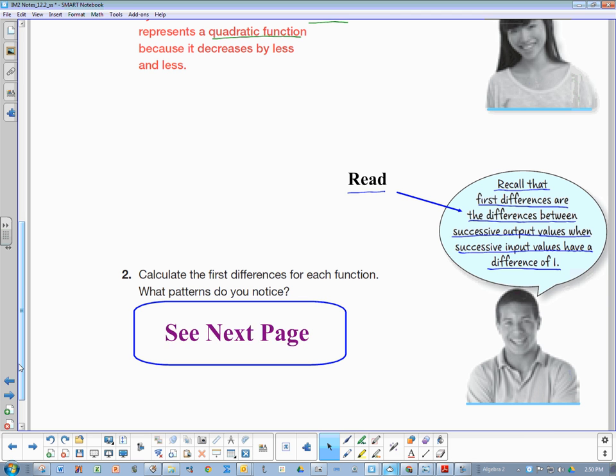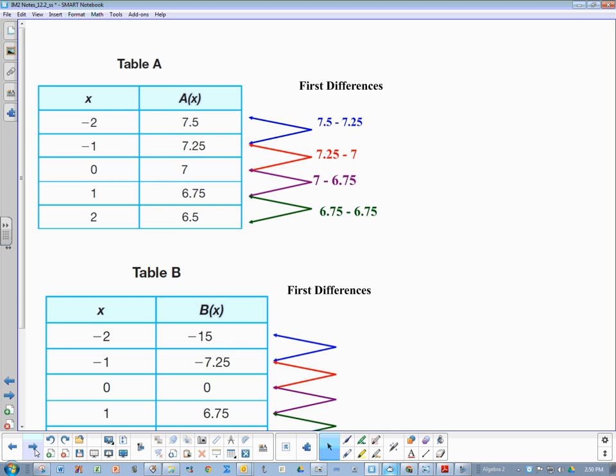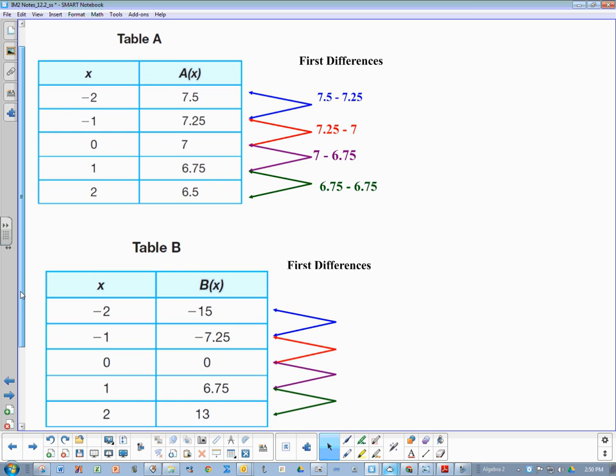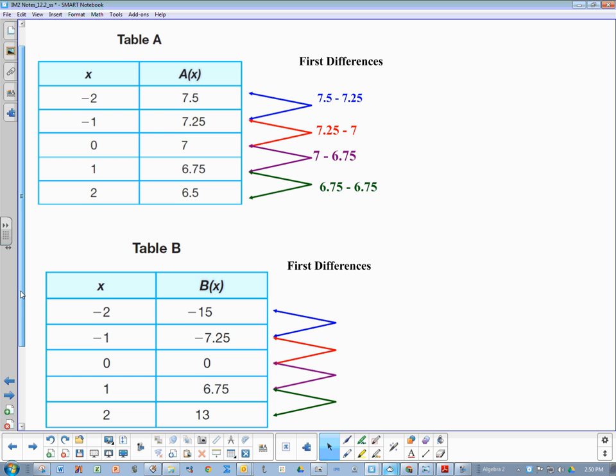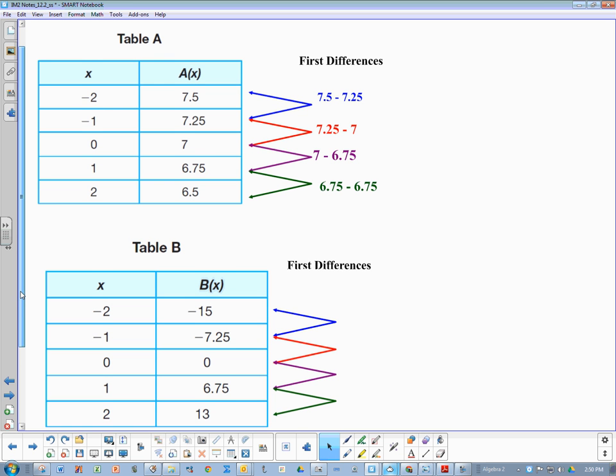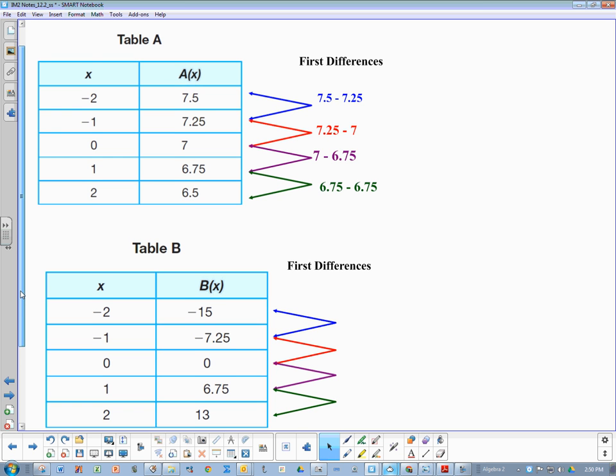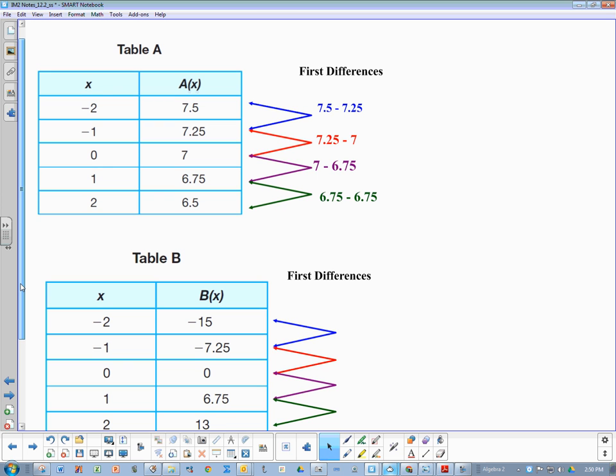So I've got this next page here. Let's take a look at this next page. I hope you all agree, if you're watching this, that these are the tables right from the last page. And I'm going to find the first differences, and I did that pretty much before. But let's do this officially.